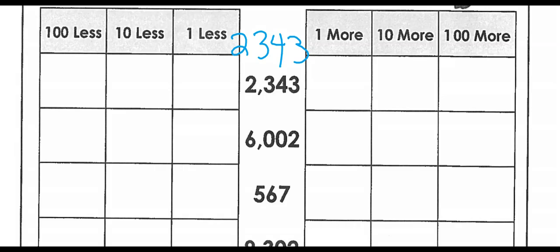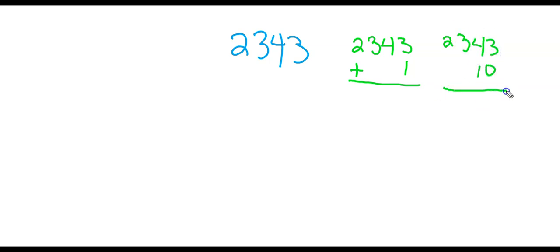Let's go back and check. Yep, 2,343. Okay, that's the number that I have in the center. Then it says they want to know what's one more than that. So 2,343 plus 1. 2,343 plus 10.